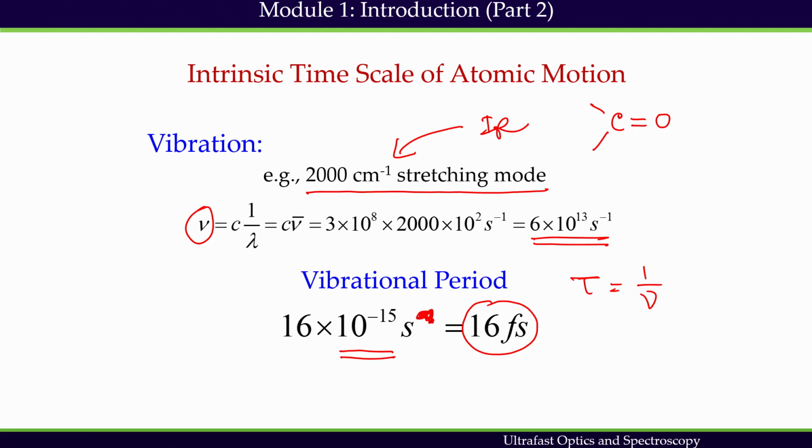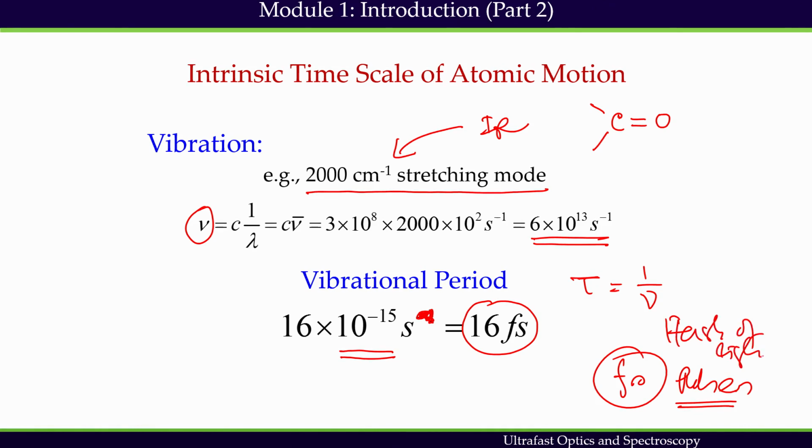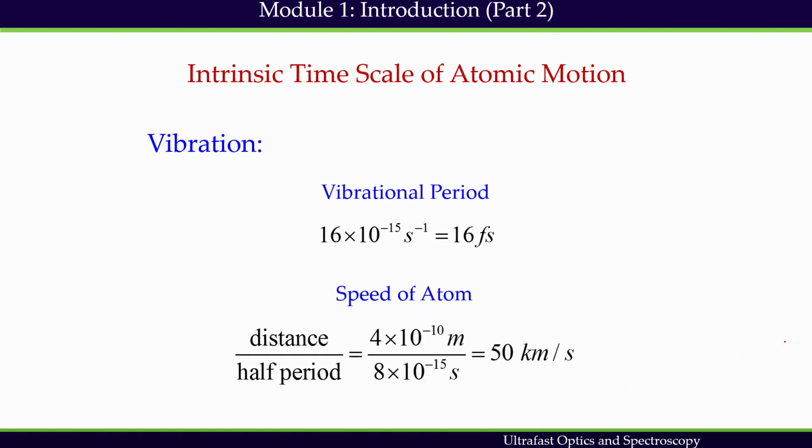So this is the time scale where the vibration occurs, which means that if I want to monitor this vibration, then I need femtosecond pulses, and these pulses are nothing but flashes of light, a sophisticated flash of light.